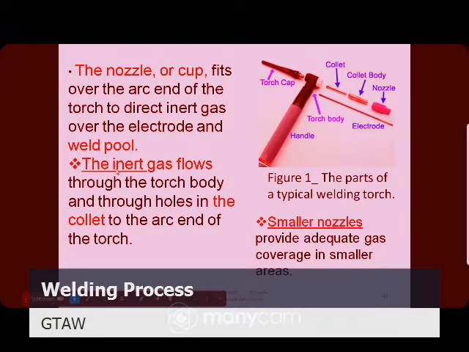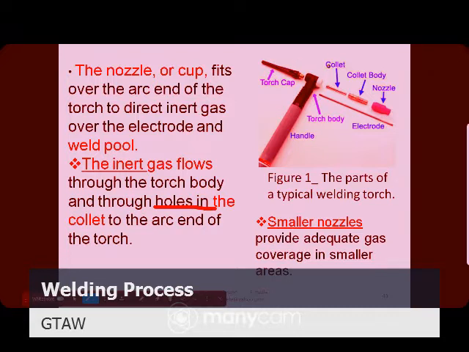And the inert gas is another part. It is a consumable material used for shielding the welding area. The inert gas flows through the torch body and through the holes in the collet.